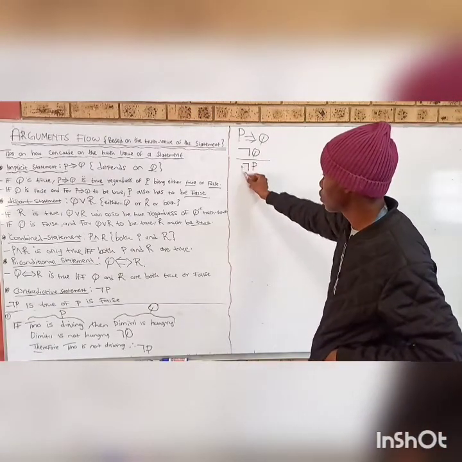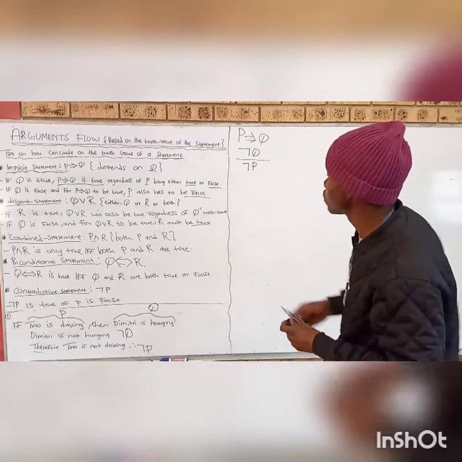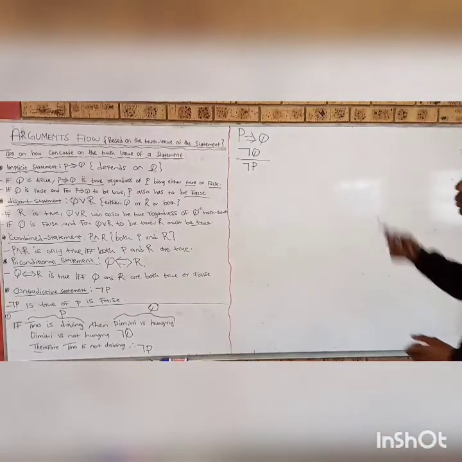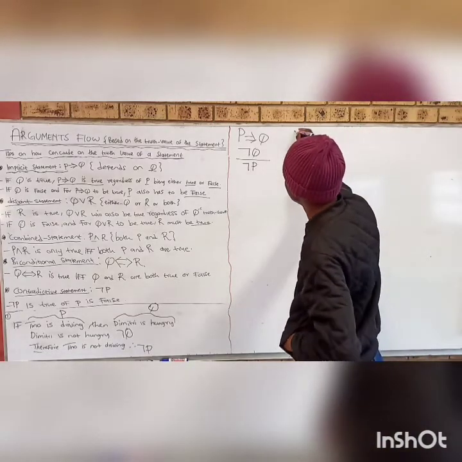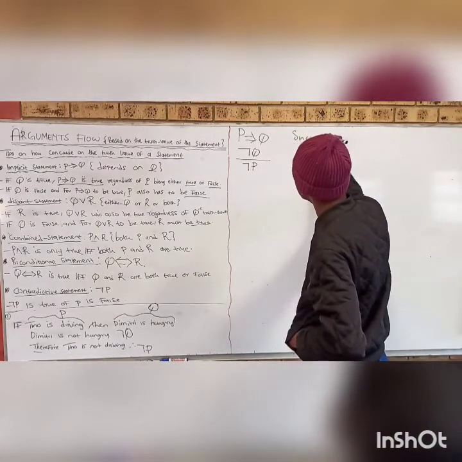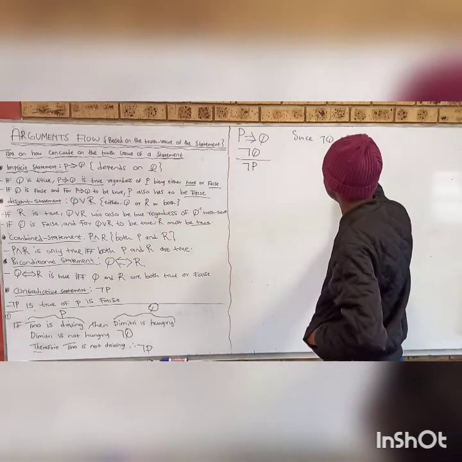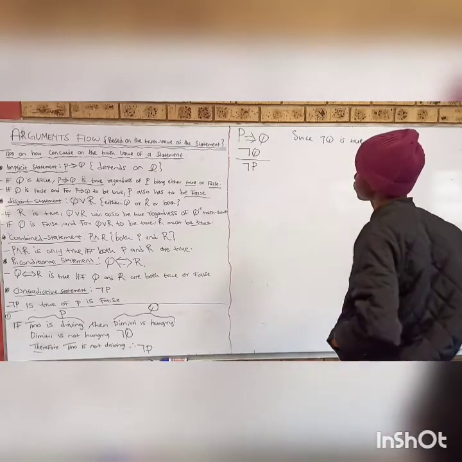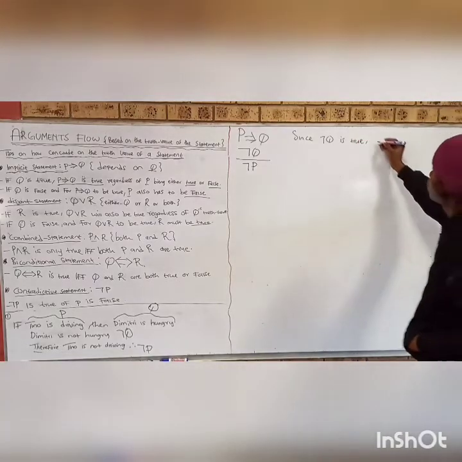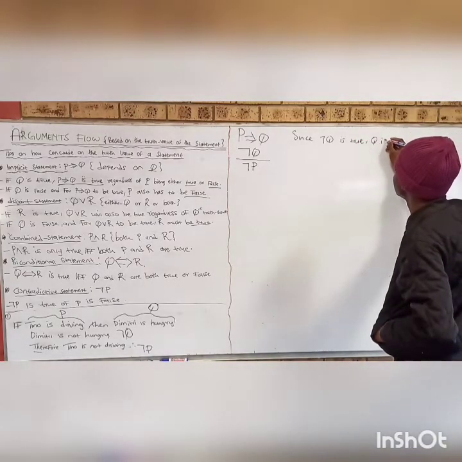We just have to conclude on the truth value of this statement, not P. So first things first, we know that since not Q is true, Q is false.